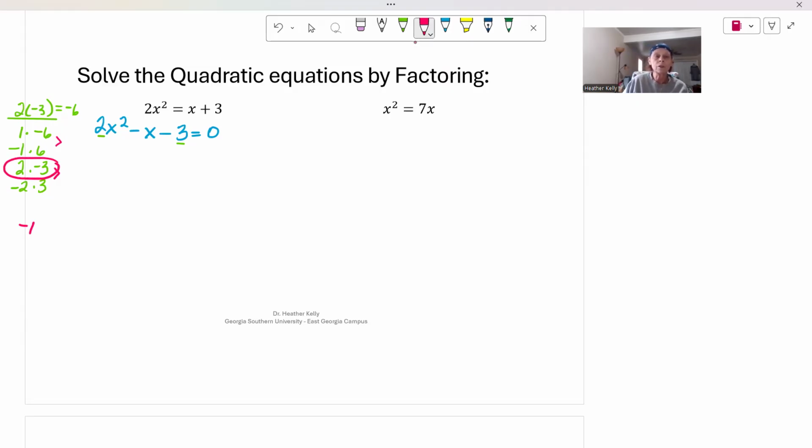And so now what we're going to do is replace this middle term right here with these guys. Don't forget to put in your x's. So underneath here, I'm going to say plus 2x minus 3x, and then I'm going to just drop those other 2 pieces down. Now we haven't changed the equation at all.